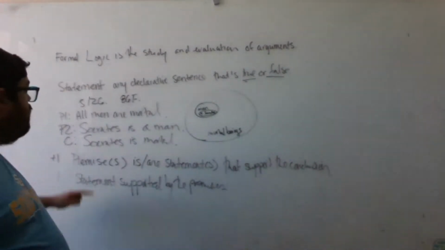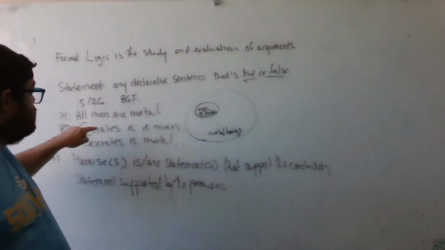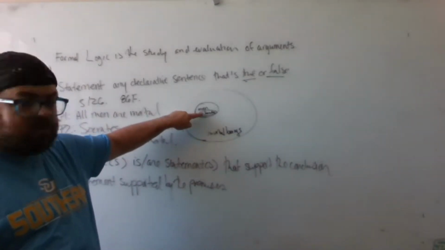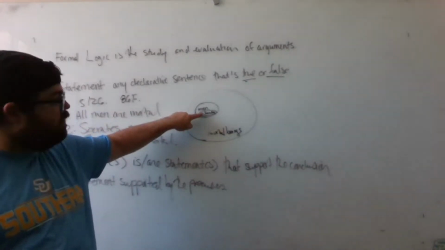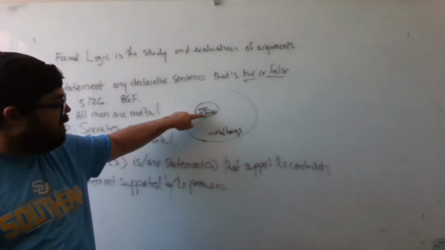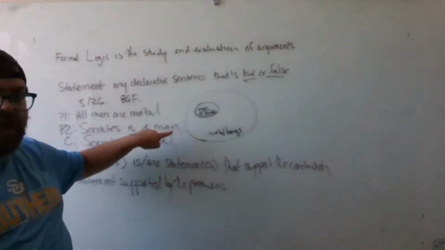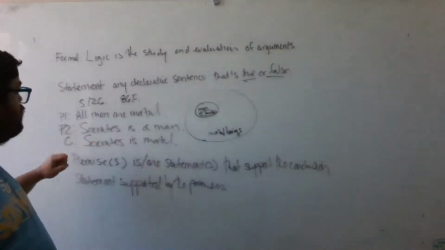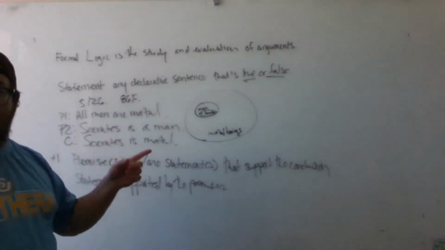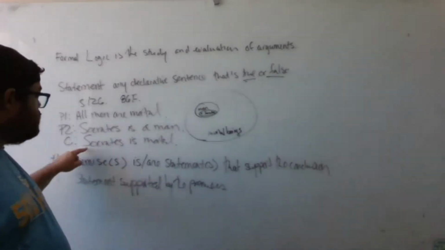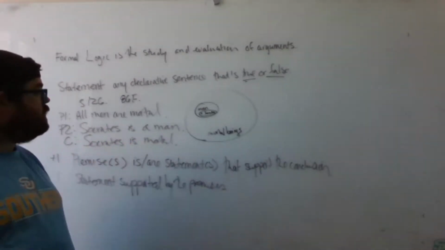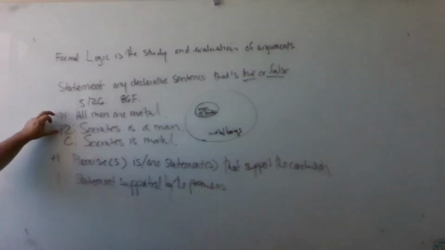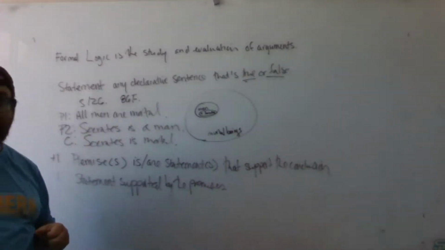But the point of it is, all men are mortal. Socrates is an example of a man. And then you can say, if this is true of all men and Socrates is an example, then he's actually inside this circle. So it's true necessarily by virtue of its form, you could not help but conclude Socrates is mortal, right? And this is a really good argumentative form because if the premises are true, the conclusion is guaranteed to be true.